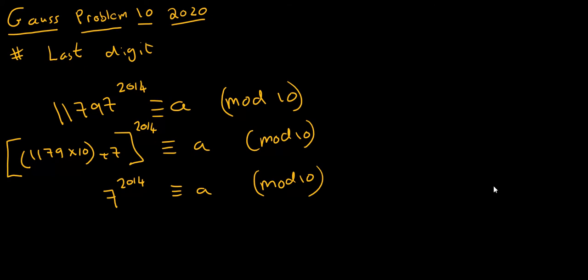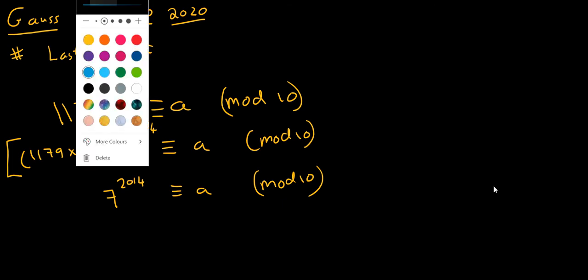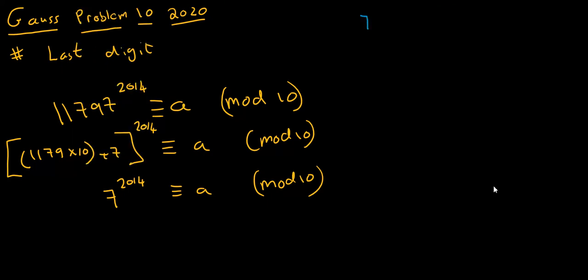So we now need to look at values of the powers of 7 and stop when we get to a remainder of 1. So let's have a go doing this. I'm going to do this in a different color, let's try blue. 7 squared is 49.